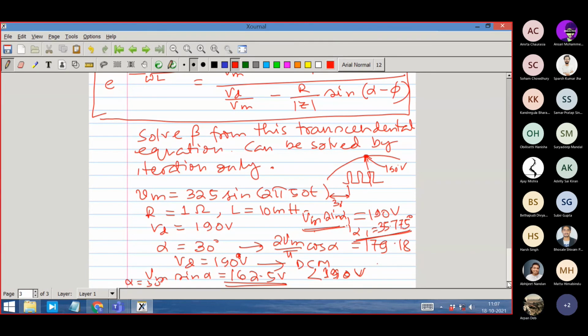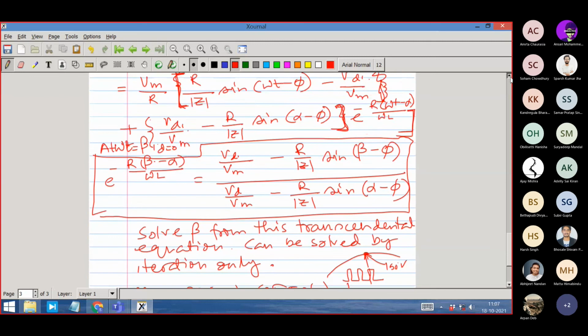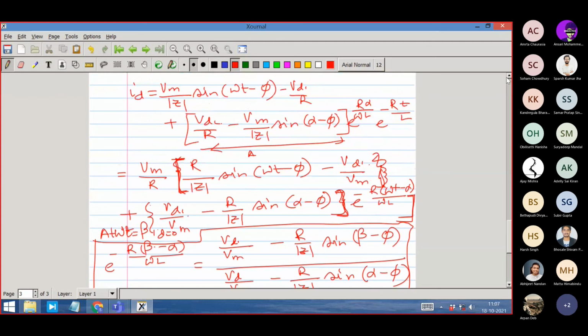You can do that, if you want to do it graphically, yes. But you know that this unknown variable is there on both sides. Here you can see that this beta is on this side as well as on this side. Now it is just how you do it.